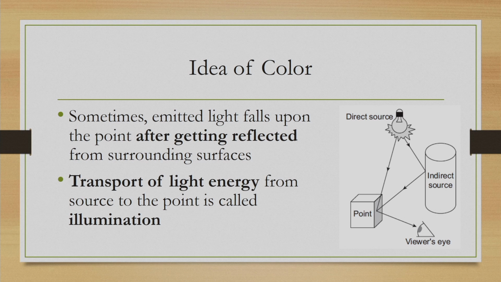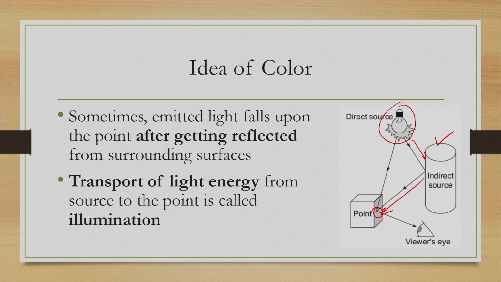Now, sometimes this light that comes from the source need not fall directly on the surface point. Instead, it can get reflected from another point and then fall upon the surface point. Like we have shown here, it first falls on this object, then gets reflected from there, and then finally falls on this point.